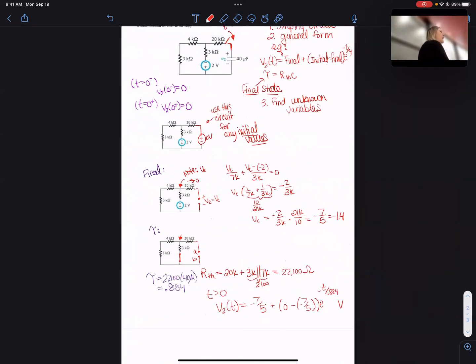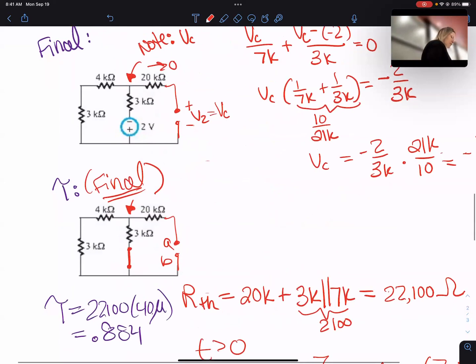And then for tau, it's RTH times C. For RTH, again, that final circuit is where you find tau. You put A and B across the capacitor, and then the pathway between A to B goes through the 20K, and then there's an extraordinary node and it's going to split.